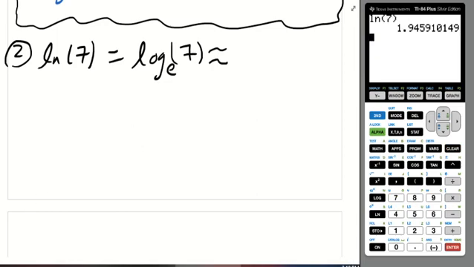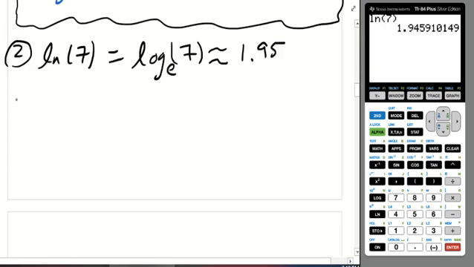Now e is about 2.718, so e to the 1 is smaller than 7, but e to the 2 is bigger than 7. So 1.95 is the approximate solution to that one.